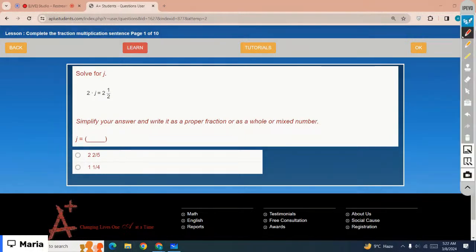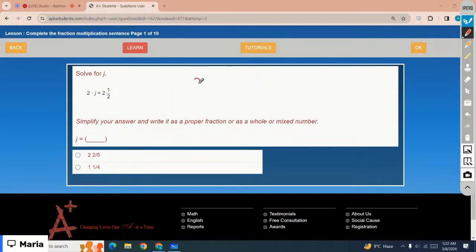So just look at this side. 2 is multiplying j, right? So the opposite of multiplication is division. You have to divide both sides by 2.